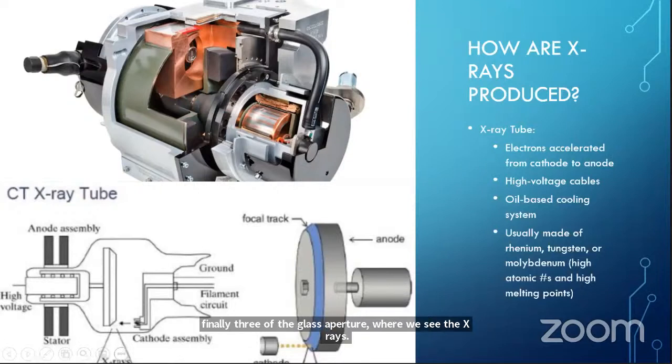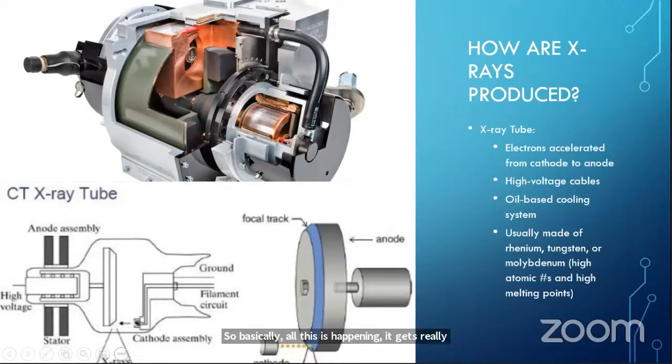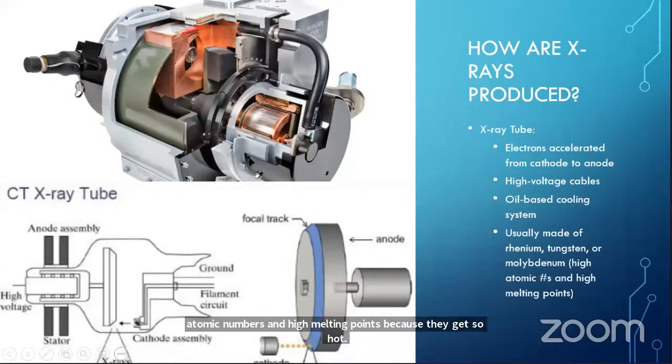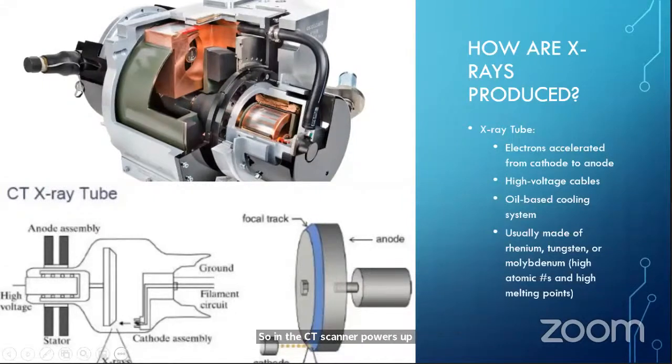So basically, all this is happening. It gets really hot. These X-ray tubes are made of materials that have high atomic numbers and high melting points because they get so hot. So when the CT scanner powers up, the electricity in the scanner is inverted and transformed from AC to DC power.